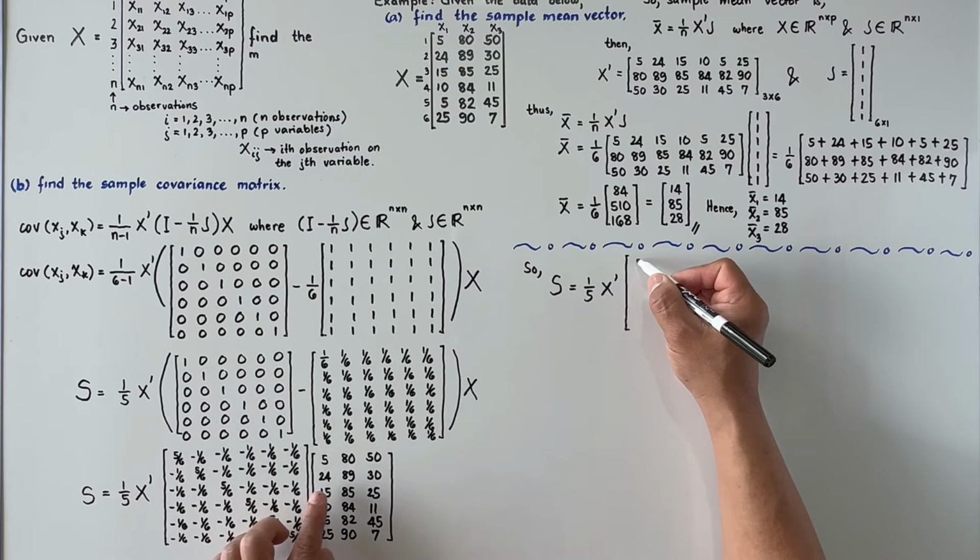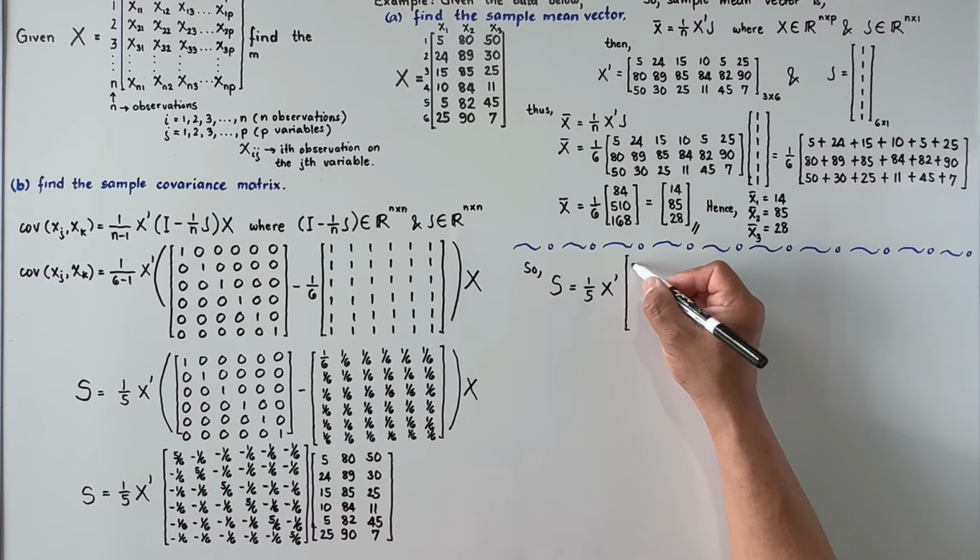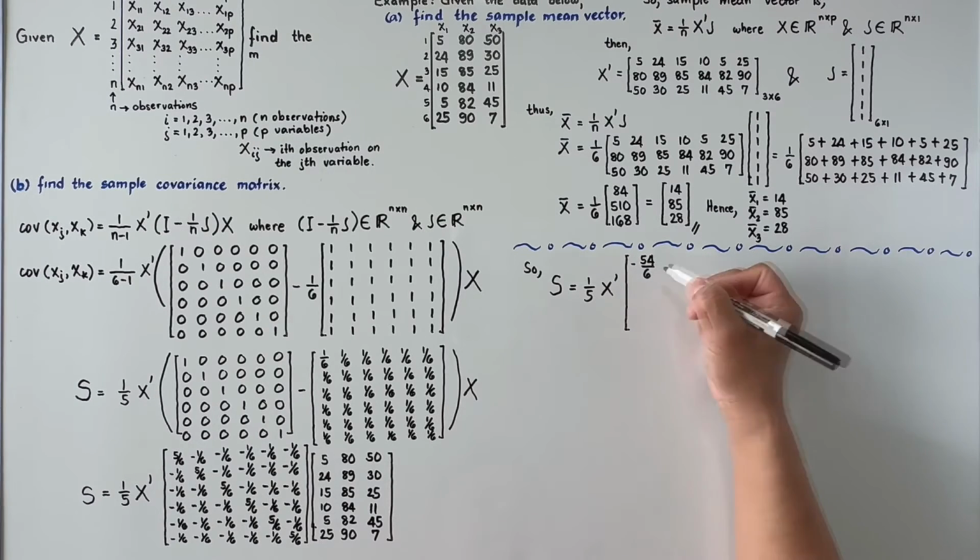And then minus 24 over 6, minus 15 over 6, minus 10 over 6, minus 5 over 6, and minus 25 over 6. And if you add those 6 numbers, we have a sum of negative 54 over 6 here.